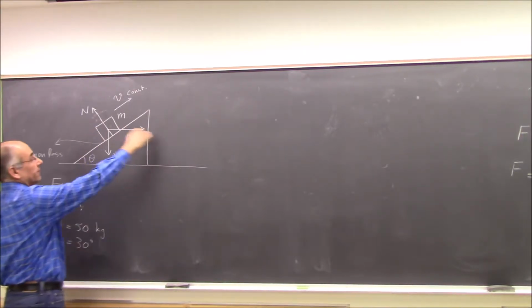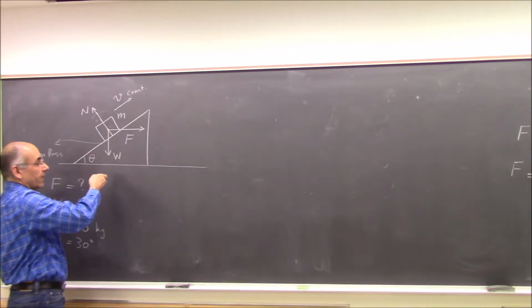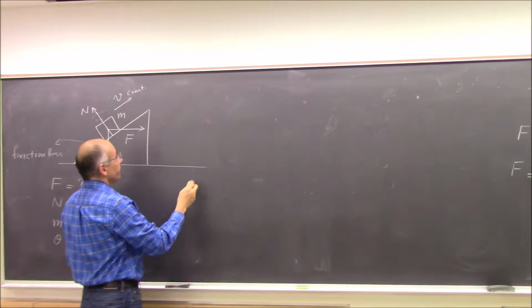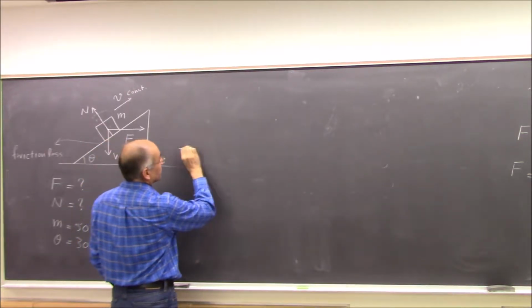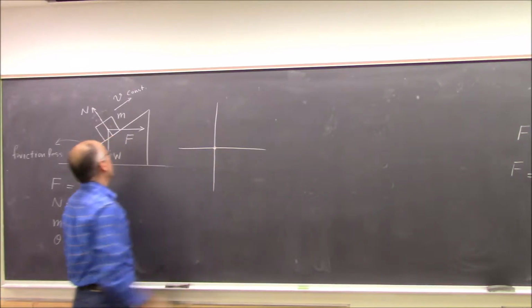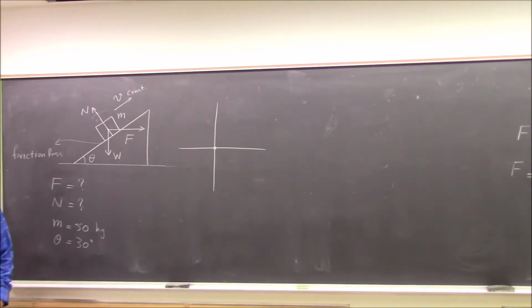You can take this as the x-axis and this as the y-axis, the horizontal and vertical. If you do that, you get this x and this y, and this is the object. Remember, we shrink the object to a point so that it becomes simple.